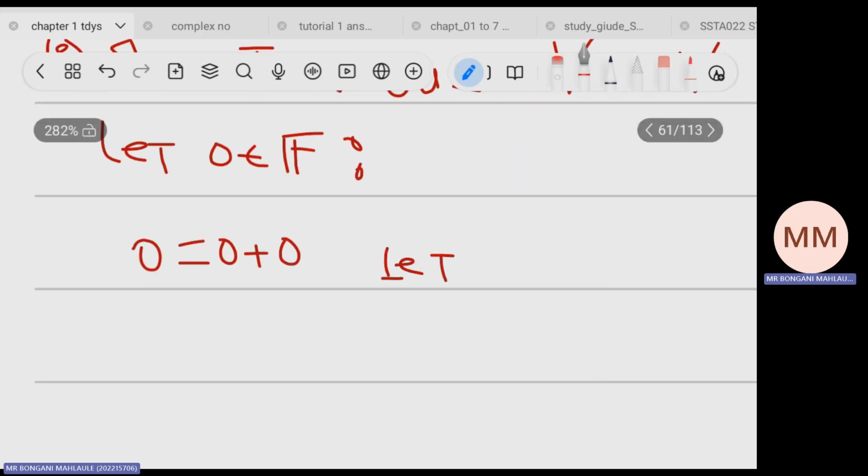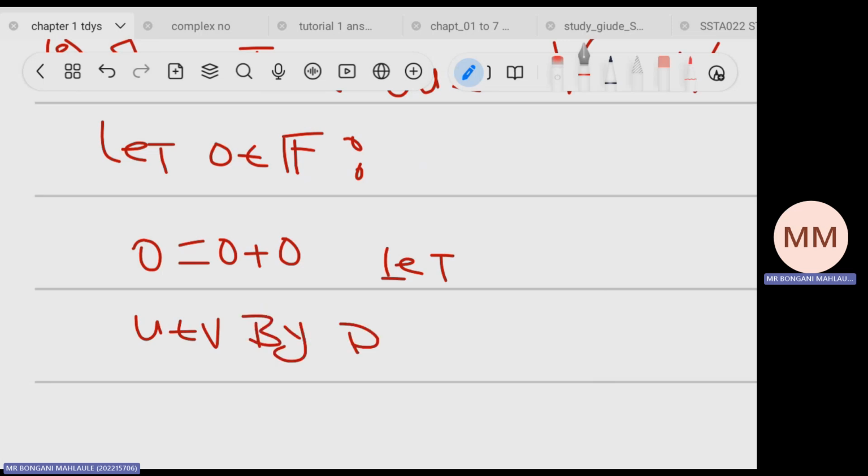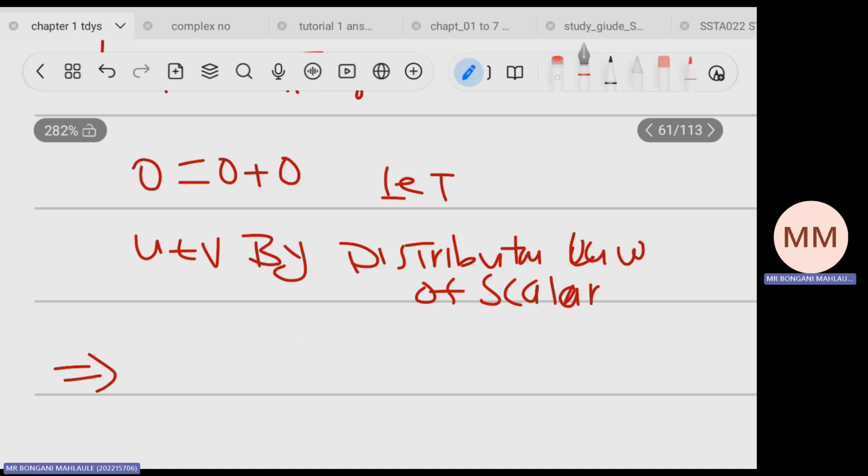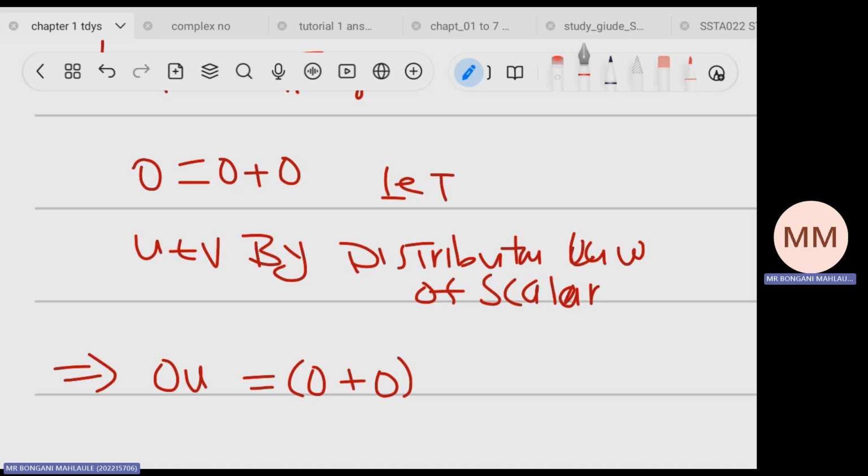Then you will say let u be an element of V. Then by the distributive law of scalars, this will imply that I have 0u, I will just multiply by u on both sides.